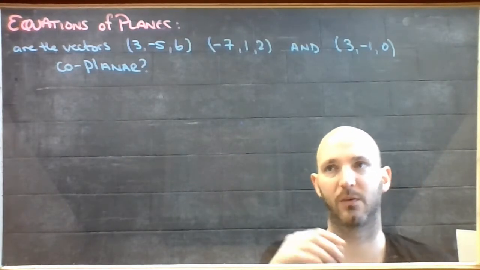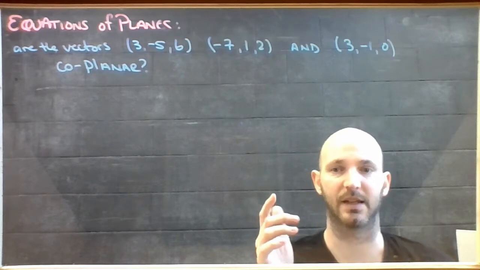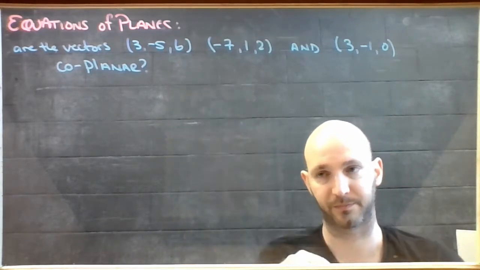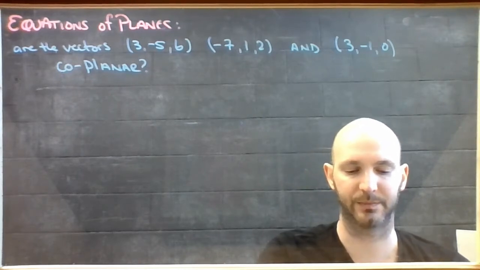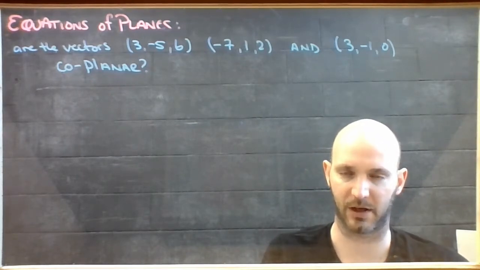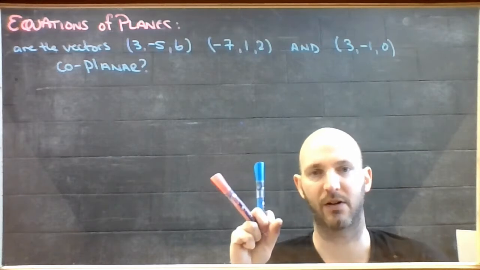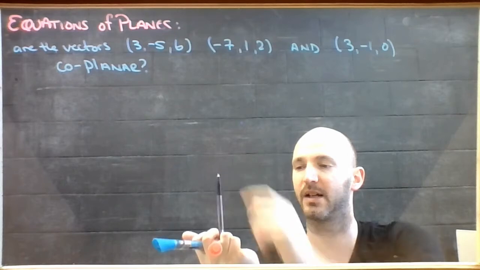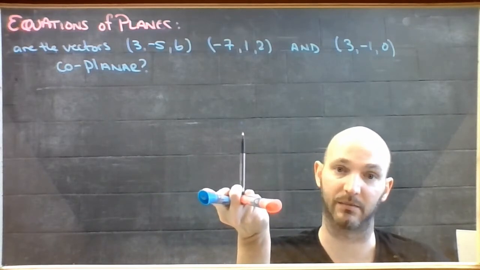The way we're going to do this is we're going to first cross product these two. If I cross product these two, I will have found a normal vector that sticks straight up and down out of this configuration.